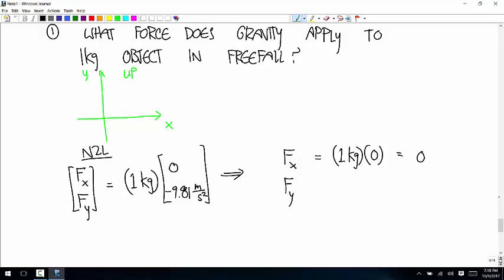And the y component of the force is equal to 1 kilogram times negative 9.81 meters per second squared, which is negative 9.81 kilogram meters per second squared, or negative 9.81 newtons.